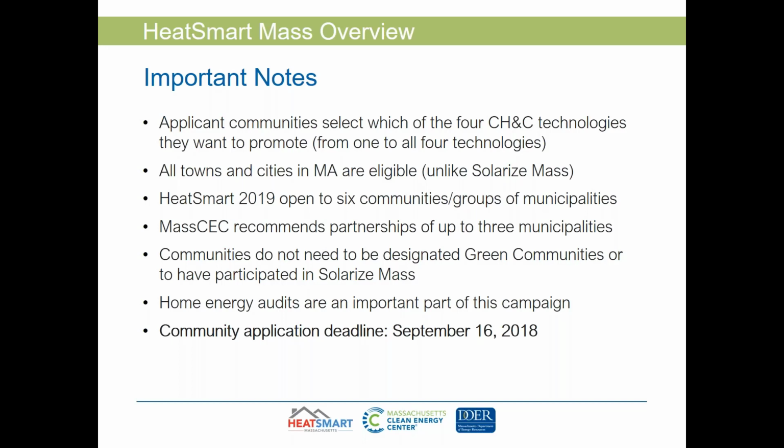Those might be helpful opportunities or volunteer bases from which to pull from, but you don't need those experiences to participate. Also, home energy audits are an important part of this campaign, especially because, generally speaking, for most of the rebates, you need to have had that audit to receive that rebate.